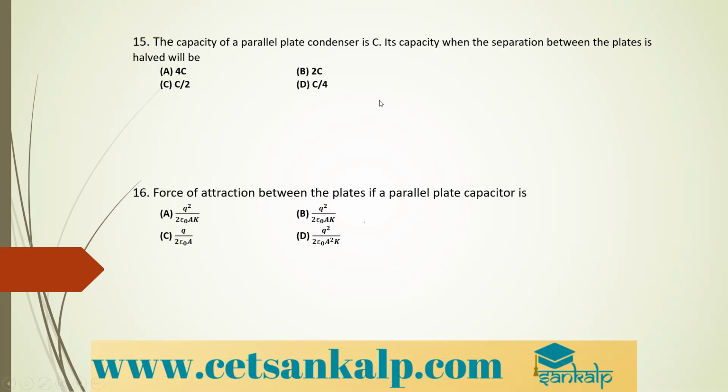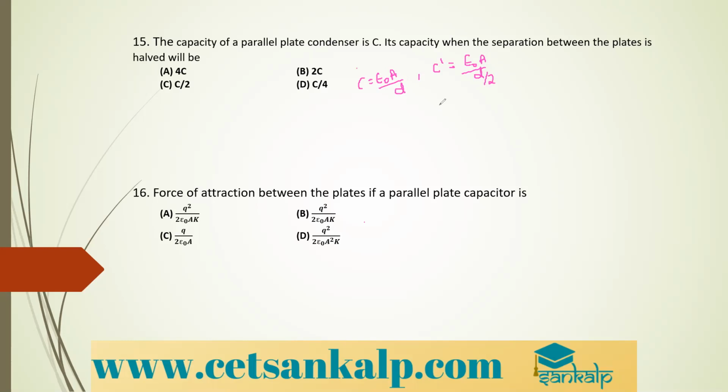We know the formula of the capacitance of a capacitor, C is equal to epsilon naught A divided by d, and C dash is equal to epsilon naught A divided by d by 2, when the distance is reduced to half.